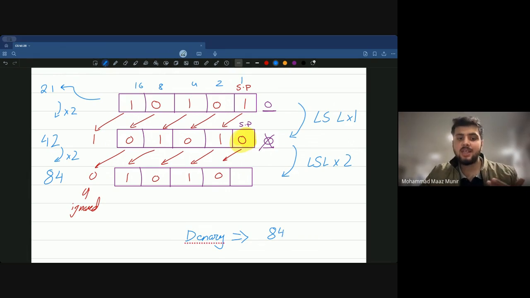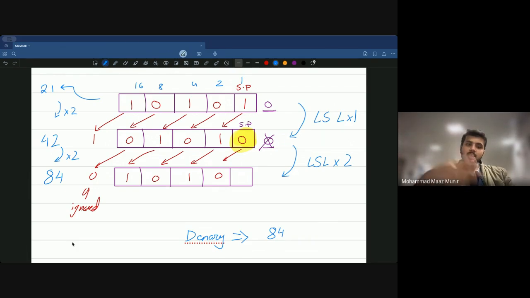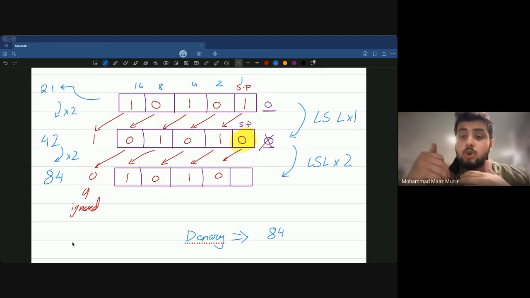Just like that, in your exams, the question would be like this. They're going to tell you that you have a specific binary, and then they're going to say, okay, perform a logical shift on this towards left twice, and then you're going to perform that twice. And once you're done with that, they're going to ask what's the impact. So you're going to just say that if I did it twice, it's going to multiply the value by 4.